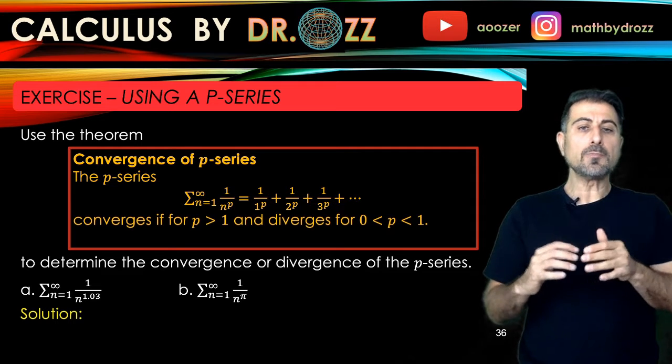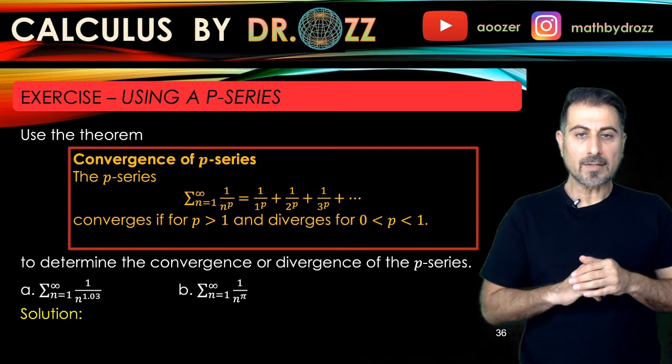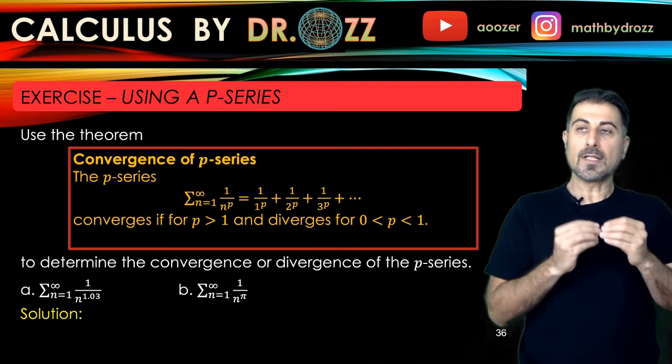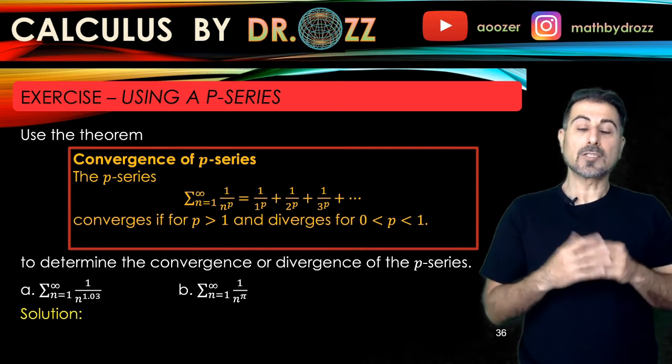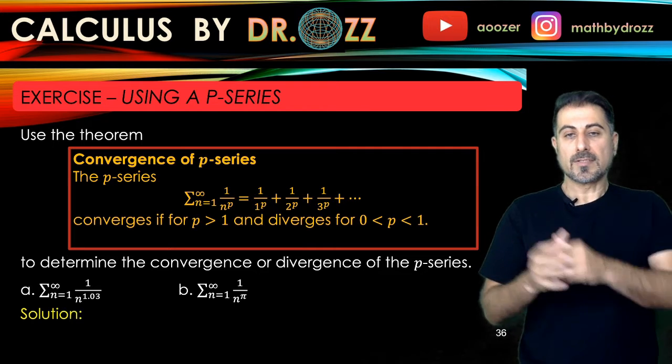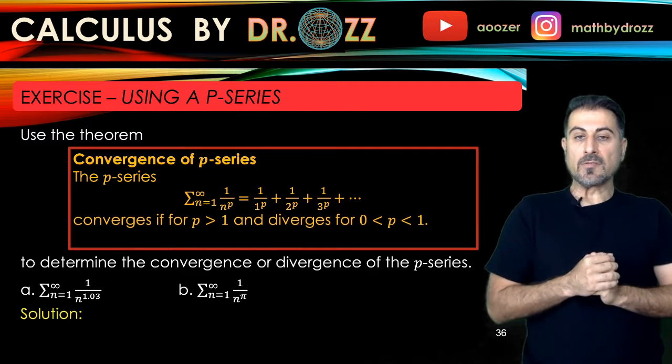And you can include p equals 1 in the divergent case because p equals 1 is a very special type of p-series. It's called the harmonic series, the infinite series 1 over n, and that's divergent.